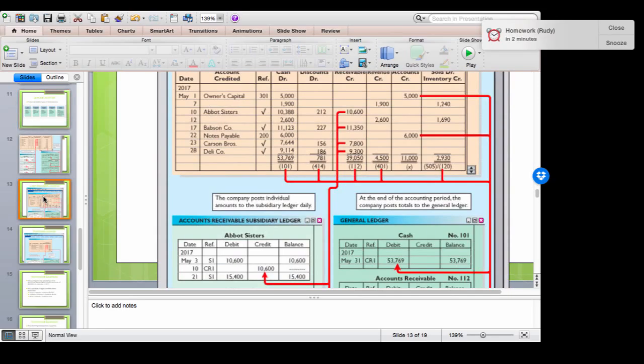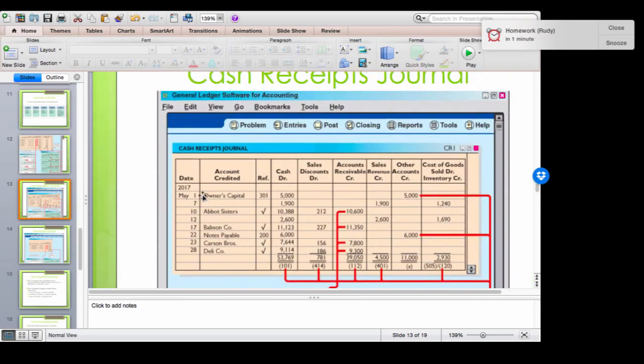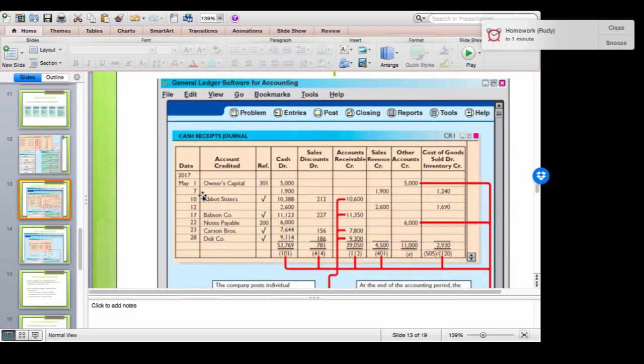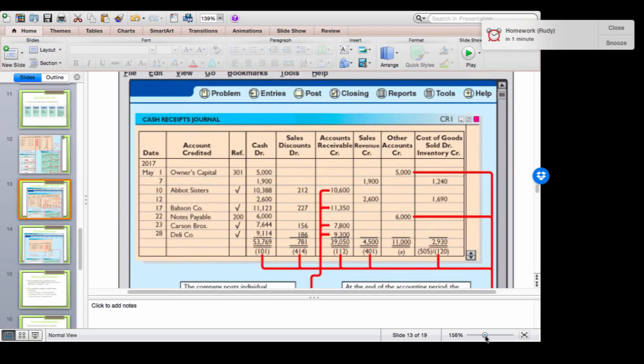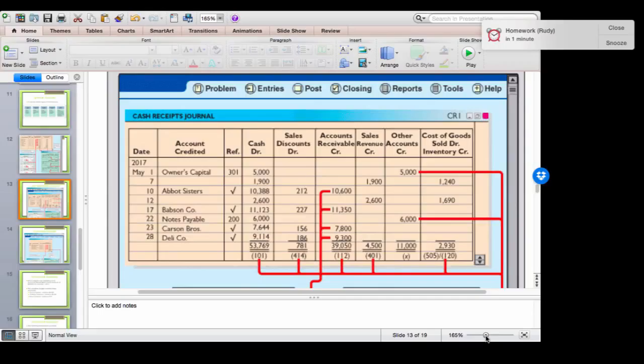Similarly, we do this with cash receipts journals. But notice one thing: it's a different spreadsheet. When you have cash receipts, you want to record the cash that you received, the sales that you provided, and whether they are owing you some of that money through credit.